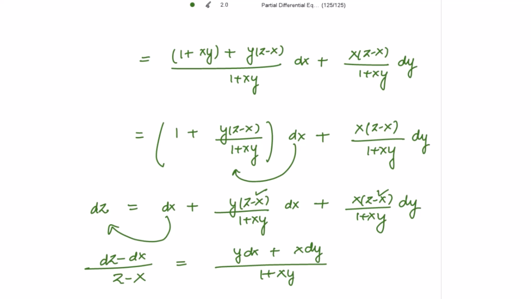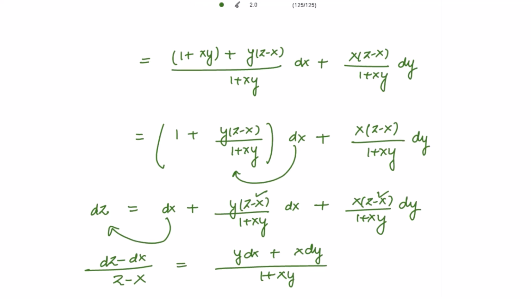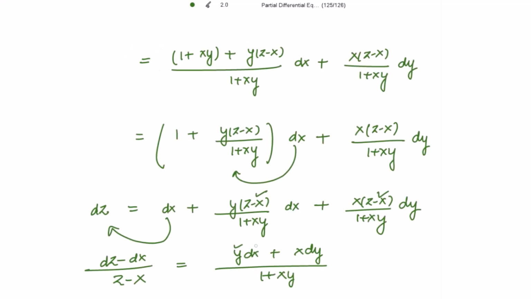Okay. So this can be further written as the derivative of z minus x divided by z minus x equals, first function into the derivative of second plus second function into the derivative of first.